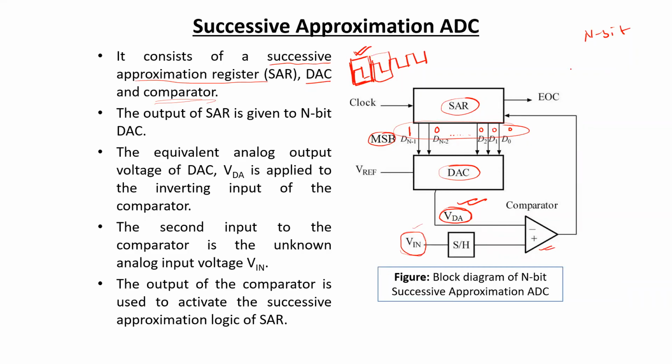Now the comparator is comparing VDA and Vin. If VDA is less than the input voltage, then the SAR will decide that the MSB should be kept at 1.